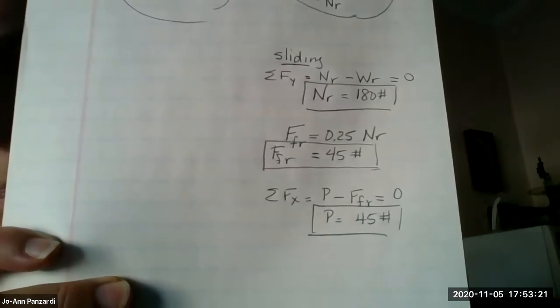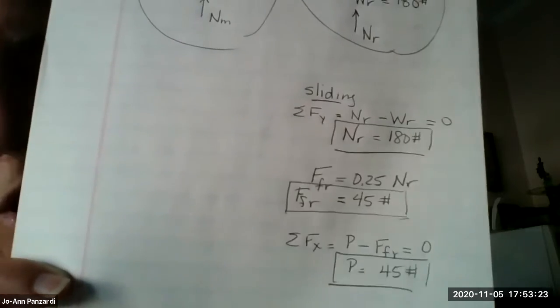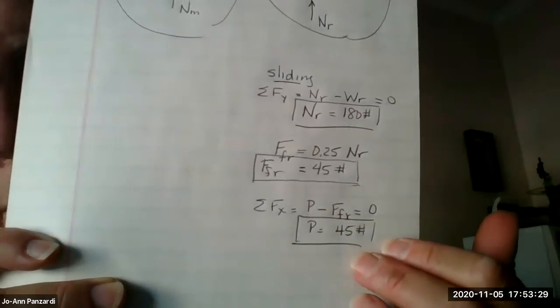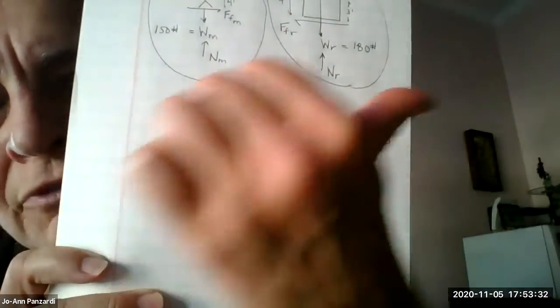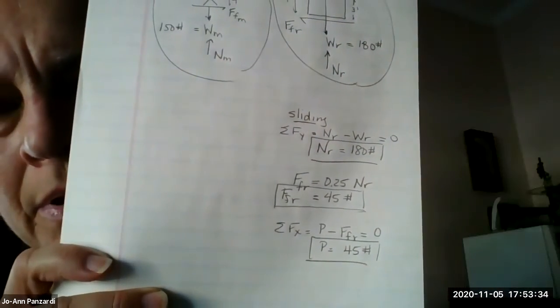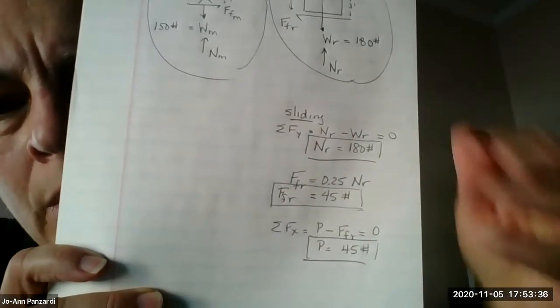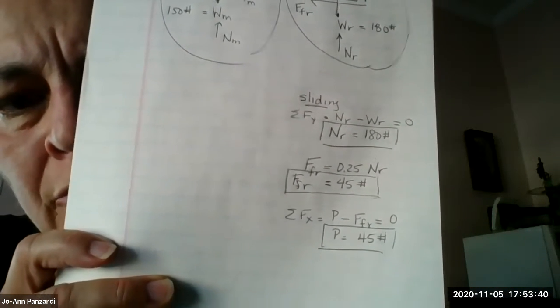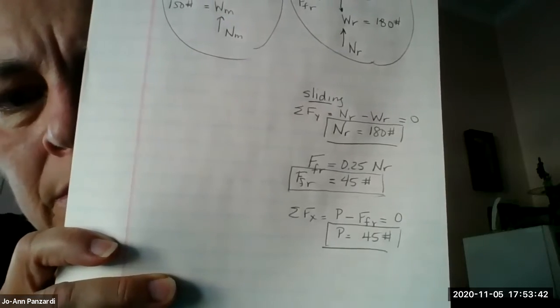So Maria, we just learned that the refrigerator is in static equilibrium for 45 pounds, and I analyzed it for the refrigerator going up. Tell me how the refrigerator could move. What P would I have to have for it to move in that direction? Greater than 45? Yep.